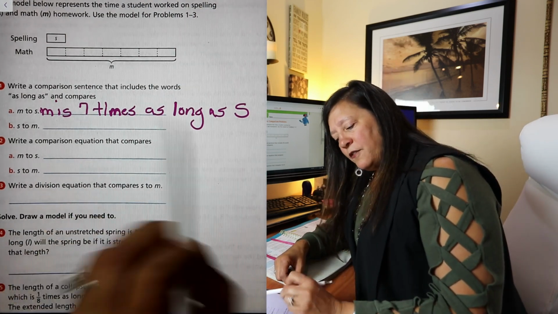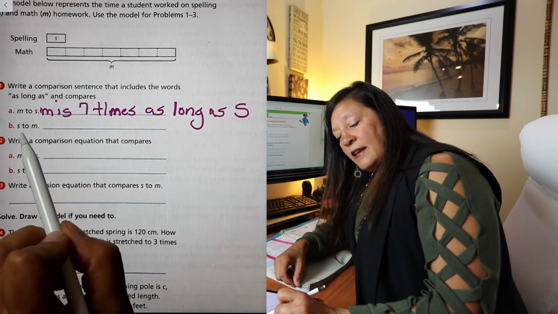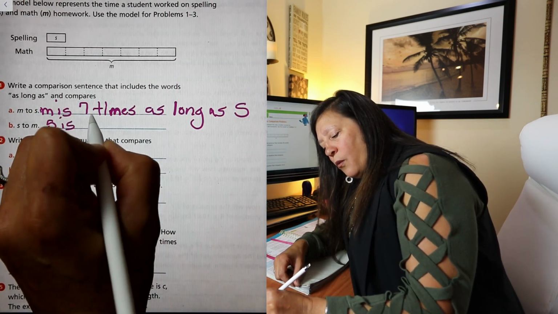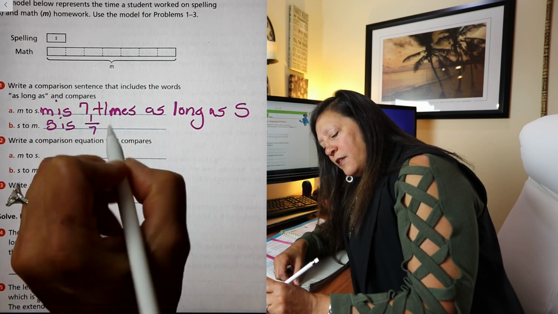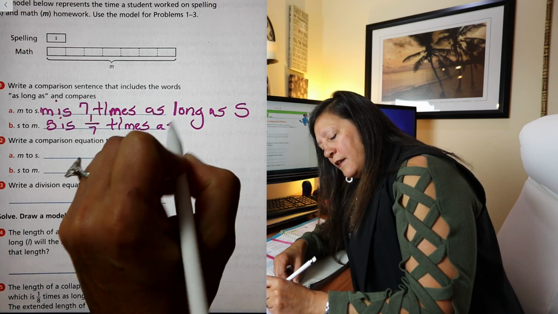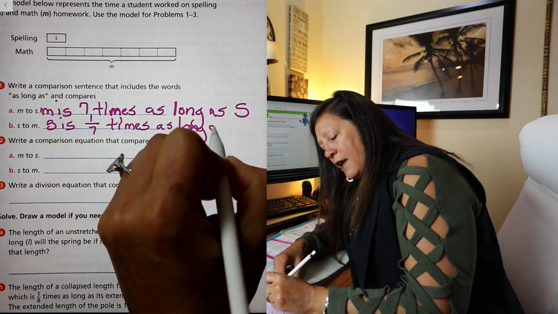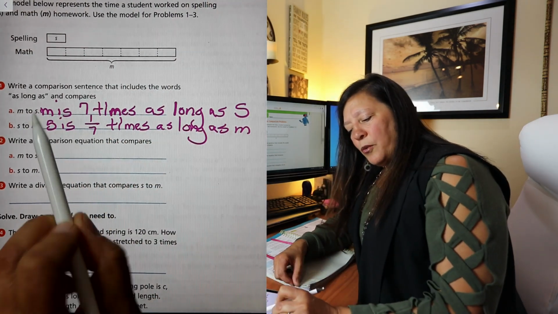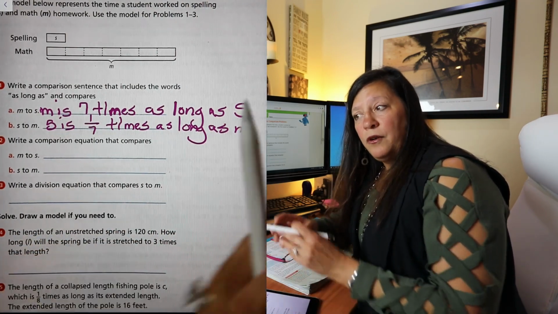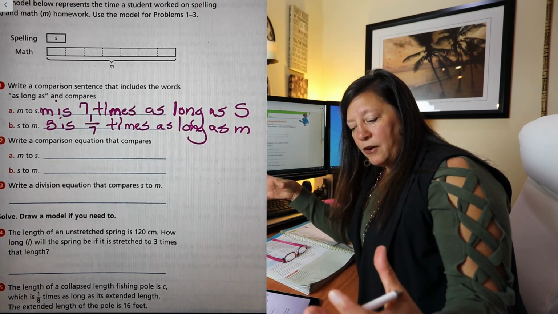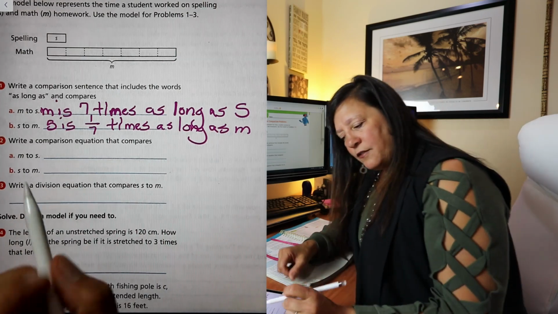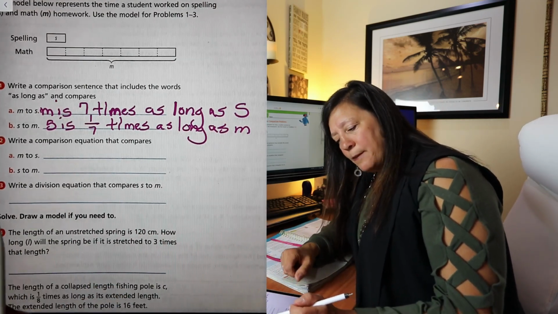Okay, that would be a comparison sentence of M to S. Now S to M, S is 1/7 times as long as M. So when we're comparing 7 times as long, a whole number, that's expanding it. When we're taking it times a fraction, then we have a smaller answer. And we'll see that in the problems that are coming up.